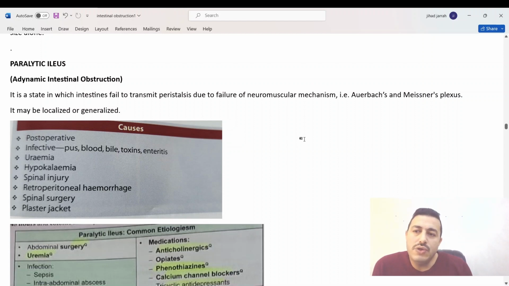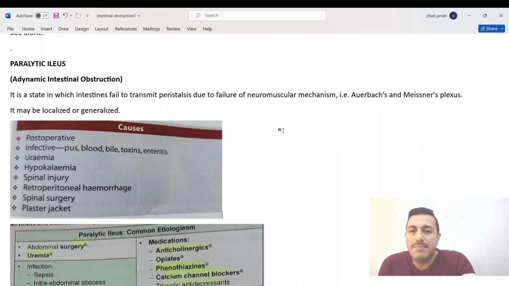Actually there are multiple theories about how paralytic ileus happens. It's similar to acute colonic pseudo-obstruction, Ogilvie syndrome, but that is for the colon.